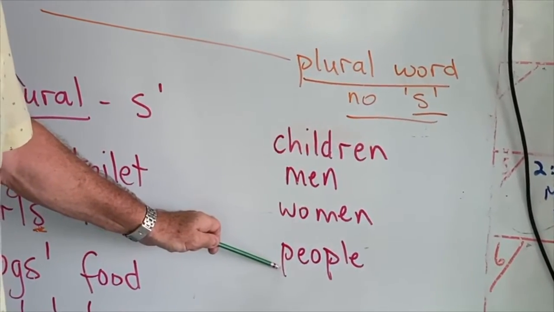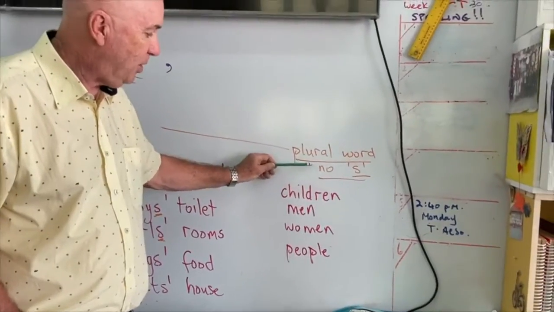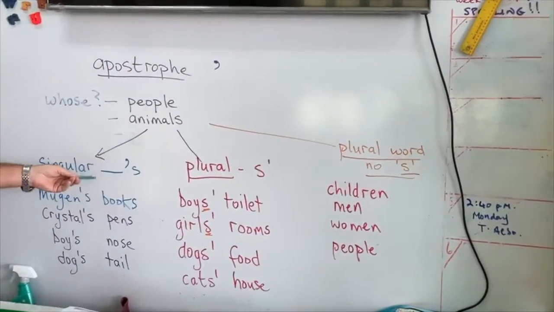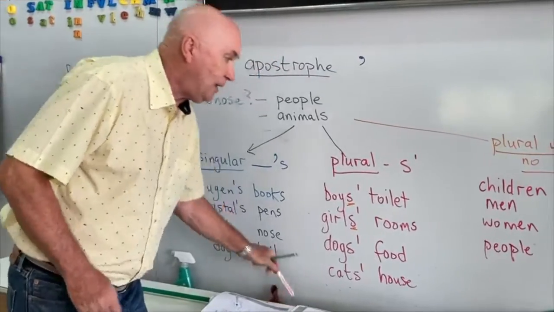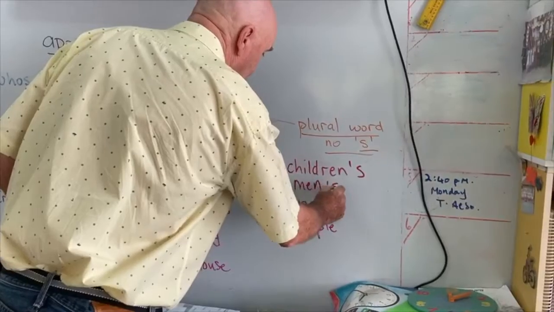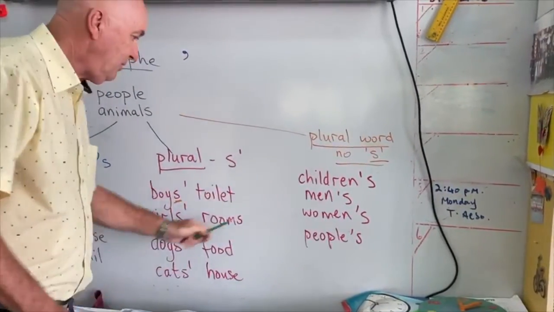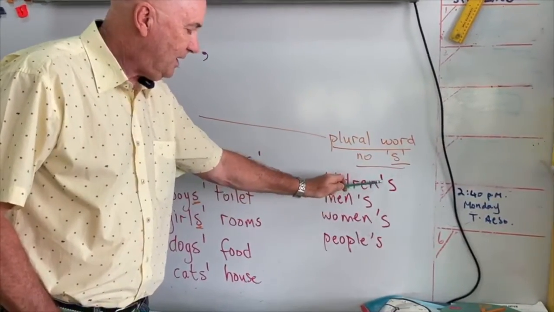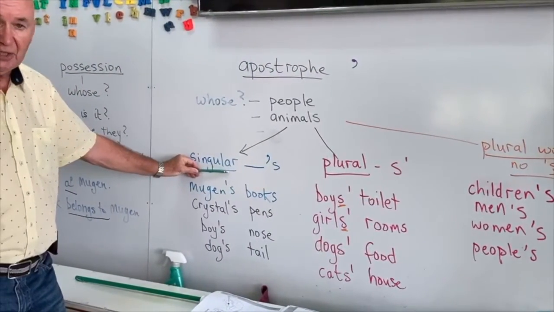People, more than one person. So what do we do? Well, if it's a plural word with no letter S on the end, then we put apostrophe S. So I would say children's, or men's, or women's, or people's. Even though this is more than one, because there's no S on the end, then we put apostrophe S as though it was singular.